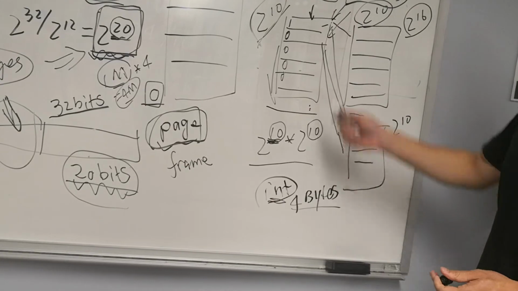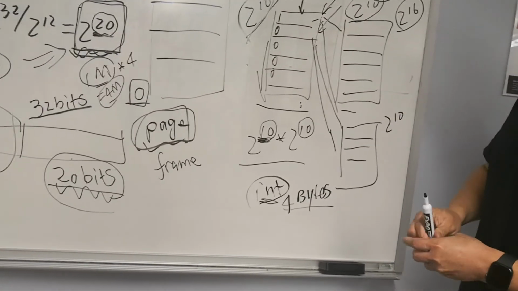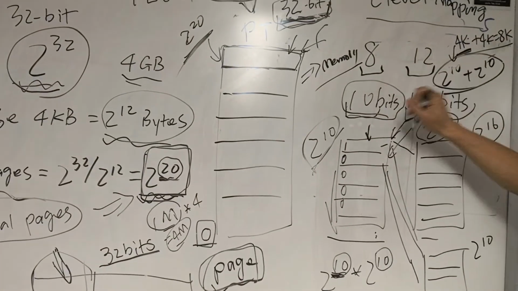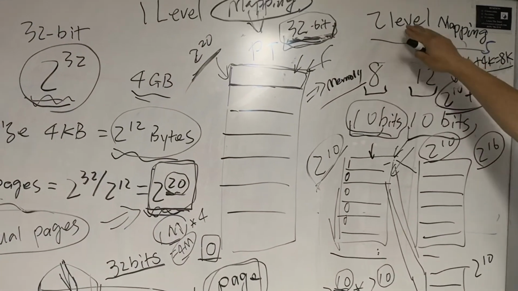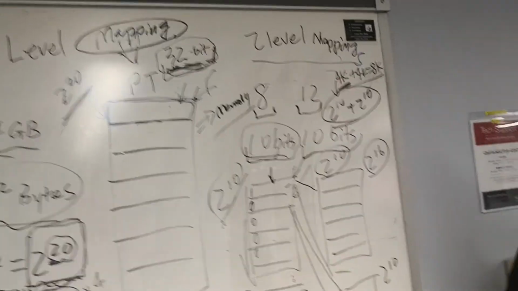So this is a 2-level setup. Your program should be flexible, so you can specify how many levels. If you set up 2 levels, you can set up a first level with 8 bits and a second level with 12.